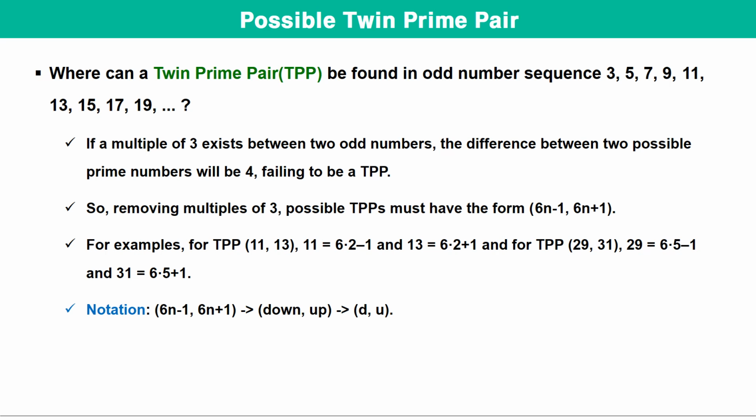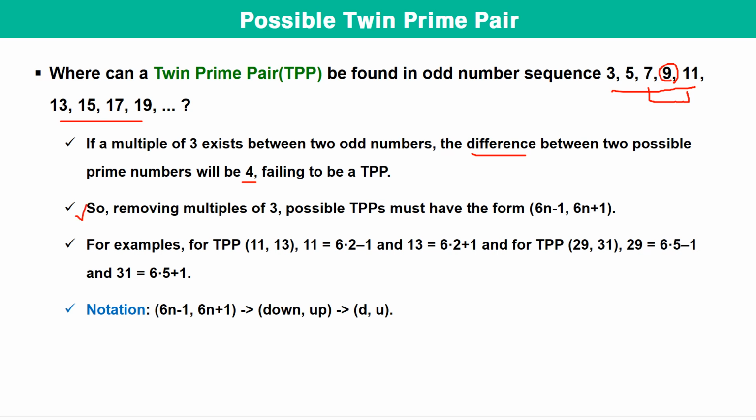Let's consider where a twin prime pair can be found in the odd number sequence. If a multiple of 3 exists between two odd numbers, the difference between the two possible prime numbers will be 4, failing to be a TPP. For example, 9 is a multiple of 3, so the gap between 7 and 11 becomes 4.